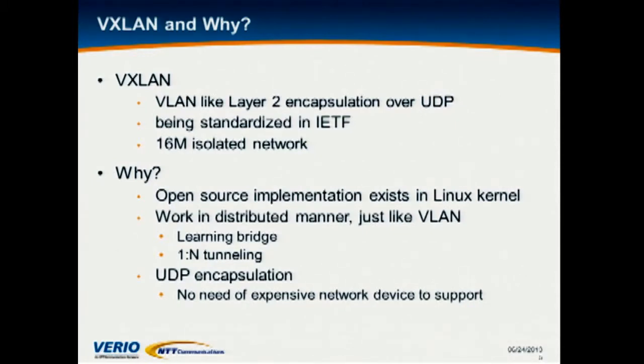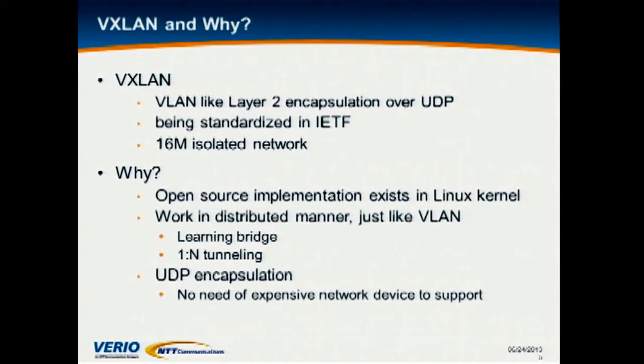But there are some limitations for the open source implementations: Q-in-Q requires switch support, and GRE doesn't allow broadcast, so it cannot allow IPv6 to work, and proprietary is proprietary. So that's why we are trying to introduce a new network isolation method, VXLAN, into CloudStack.